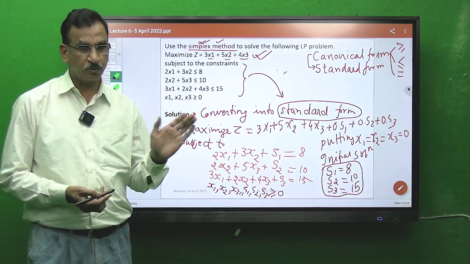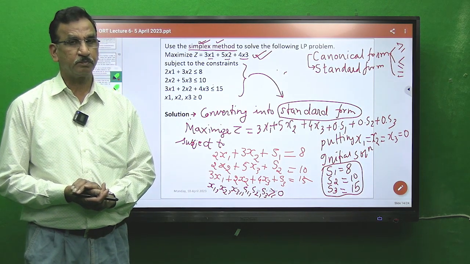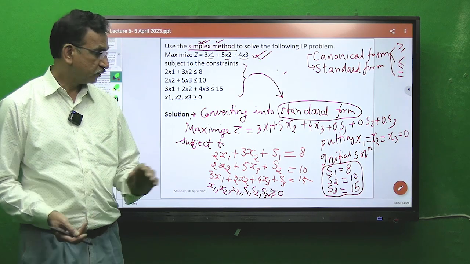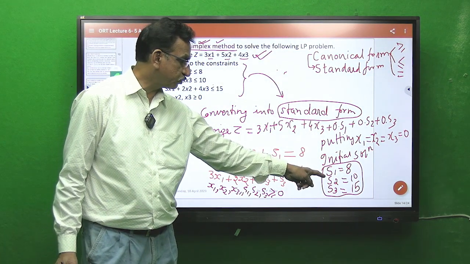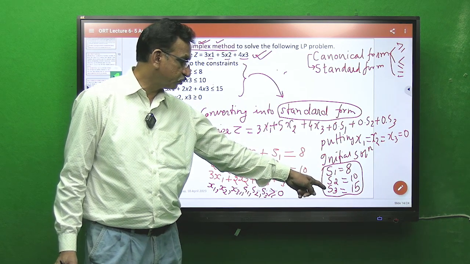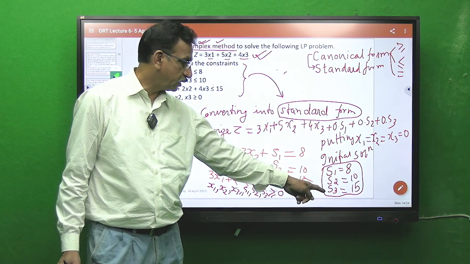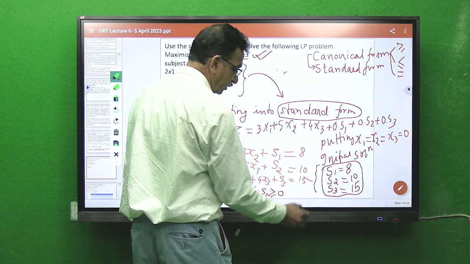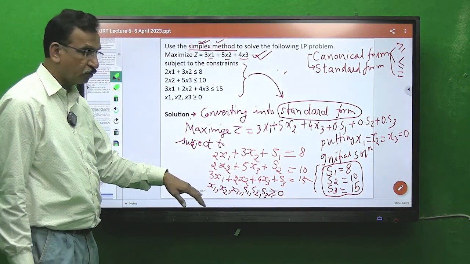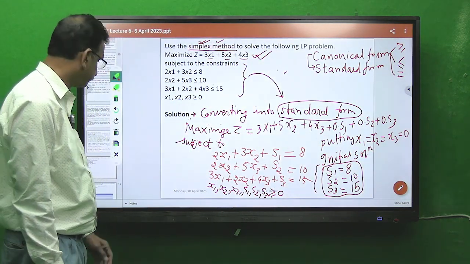So we will follow the methods we have discussed in previous problem. Now what we have to keep in mind, our value of S1 is 8, S2 is 10, S3 is 15. We have to remember this and we will go to the next slide.